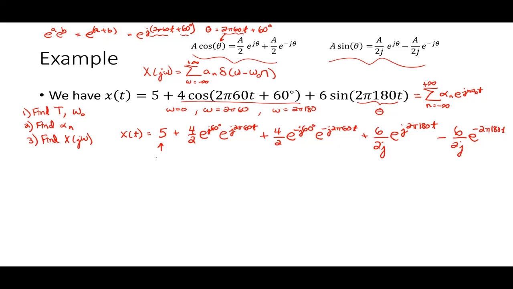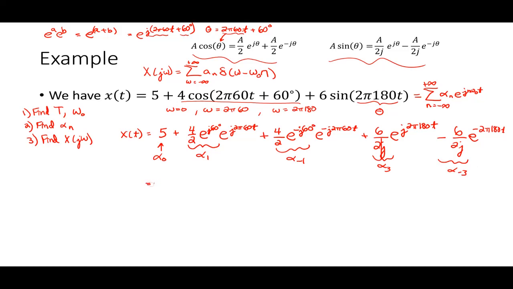Now looking at this, I can do it by inspection, and I can say this looks like my a0 term. This looks like my alpha 1 term. This looks like my alpha minus 1 term. This here looks like my alpha 3 term. And this here looks like my alpha minus 3 term.